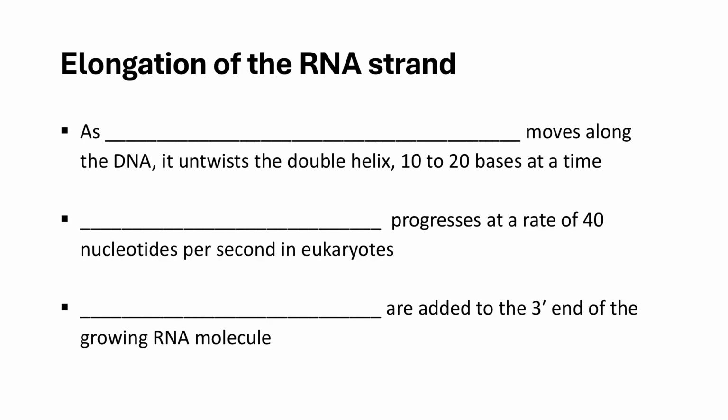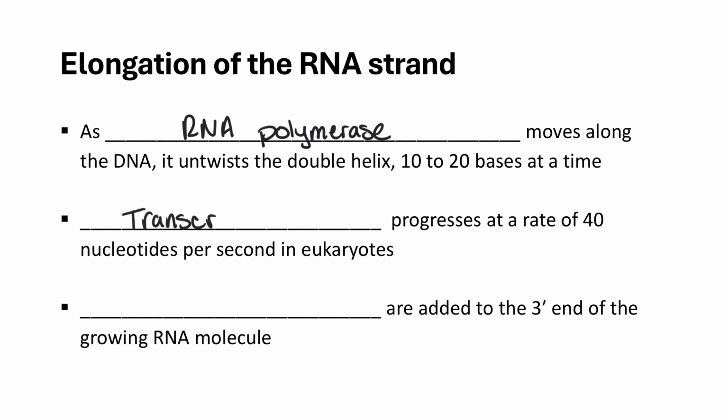Once the transcription initiation complex has initiated the beginning of transcription, then elongation can occur. So the RNA polymerase is going to move along the DNA, and as it does, it's going to untwist the double helix about 10 to 20 base pairs at a time.